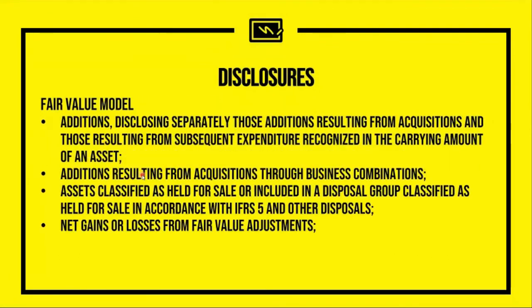Okay? Now, let's focus on the fair value model. Under the fair value model, since everything is already at fair value, okay, what you simply need to do is to make disclosures for certain additions, for certain acquisitions, for assets classified as held for sale, and for the net gains or loss from fair value adjustments.